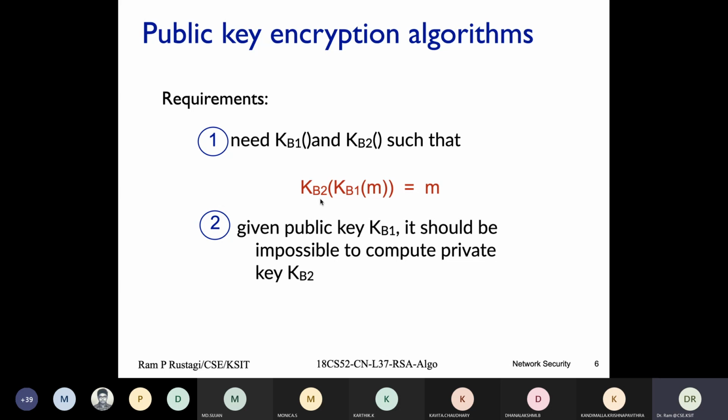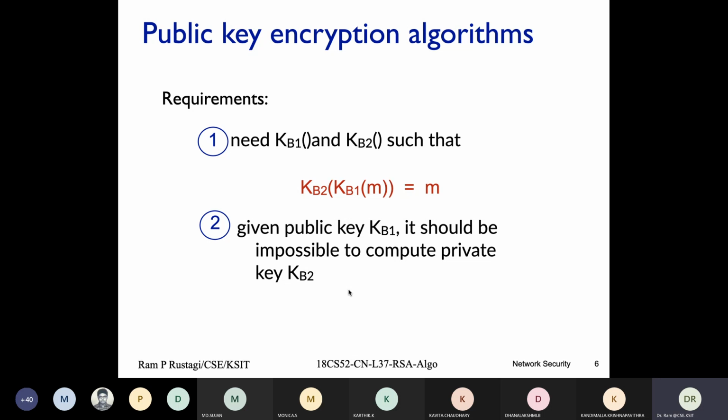So the two key requirements for asymmetric or public key encryption are: first, encrypt using one key to get a ciphertext, then decrypt using the second key, and you get the original plain text back. Second, given one key, which is known to everybody, it should be computationally infeasible to derive the second key. We say computationally infeasible because in theory, given sufficient time and high computing power, using brute force, one can always determine it.